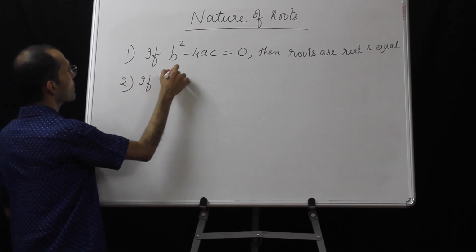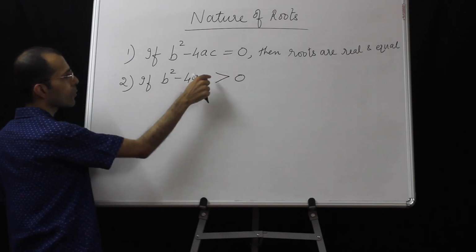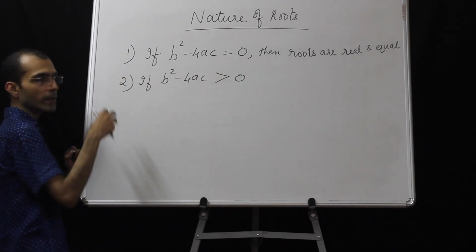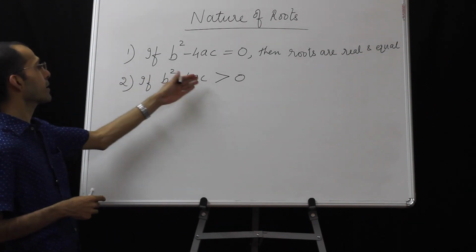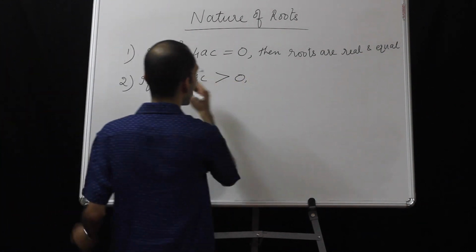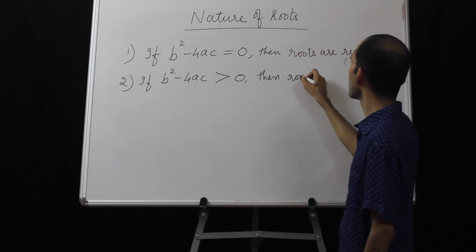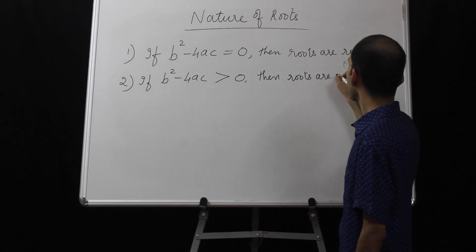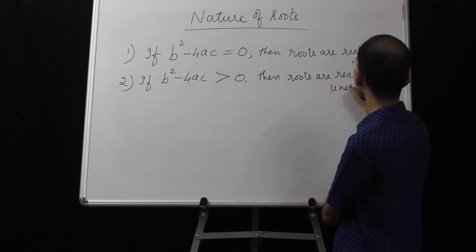If b square minus 4ac is greater than 0, open mouth is towards b square minus 4ac. So open mouth means greater. If b square minus 4ac is greater than 0, then roots are real and unequal.